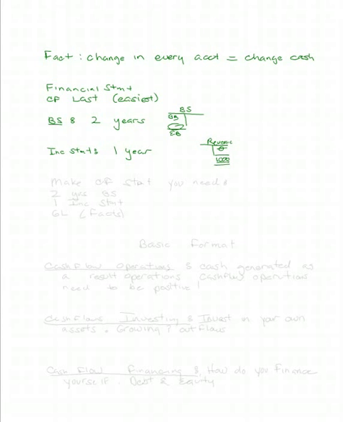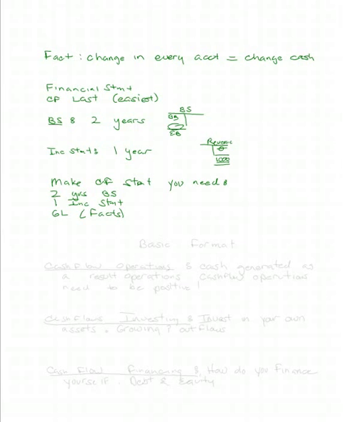So, to make a cash flow statement, you need 2 years' worth of balance sheets, 1 income statement, and then you usually need to know the general ledger so you can look up other facts. Since we don't have a general ledger, you will be given facts. So we're going to use this format to proceed.